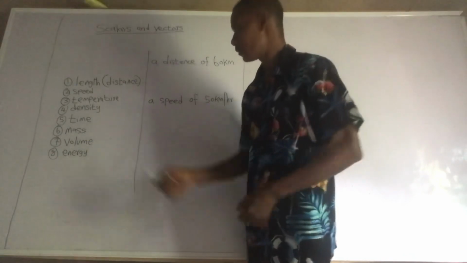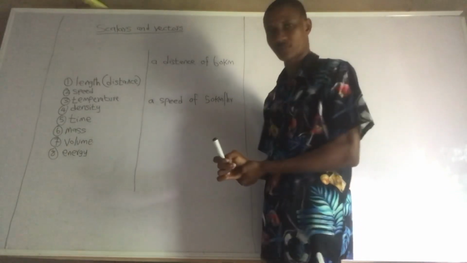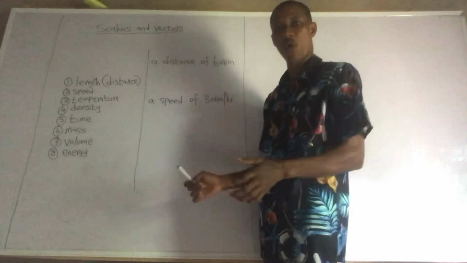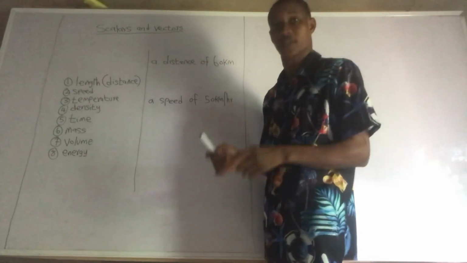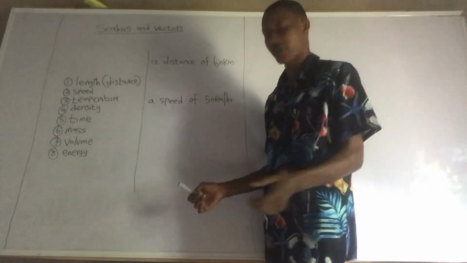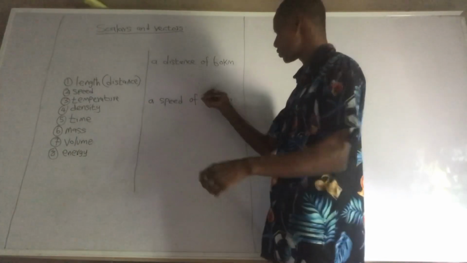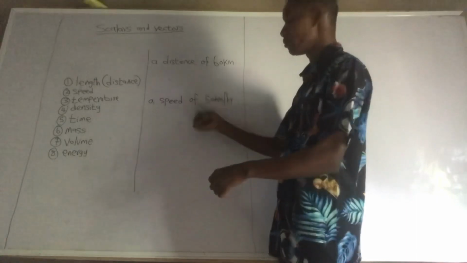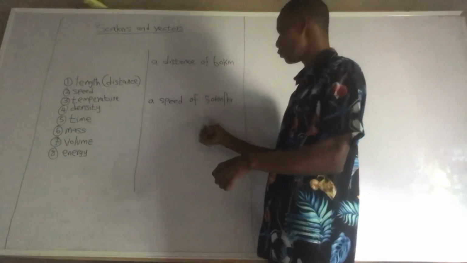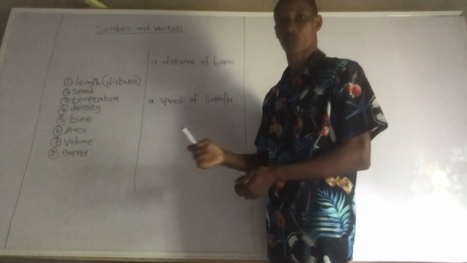Also, speed. Let me use speed as another example. A speed of 50 kilometers can either be a straight line or a circular path, since no direction was also specified. So since no direction was specified, that means we can describe this quantity speed knowing only what? The magnitude or the numerical value. So since this quantity can be described knowing only the numerical value or the magnitude, then we can call this quantity a scalar quantity.